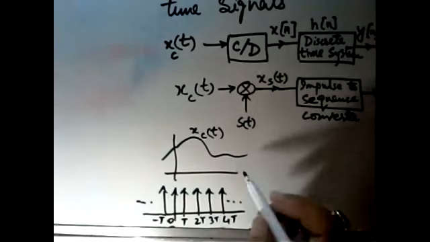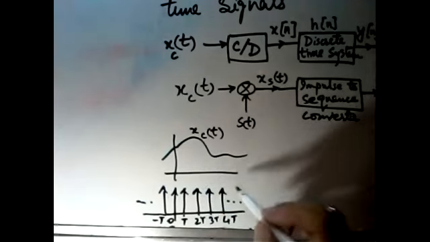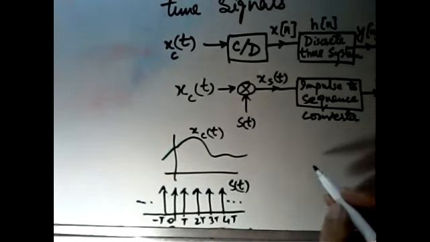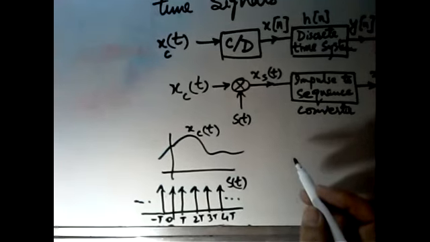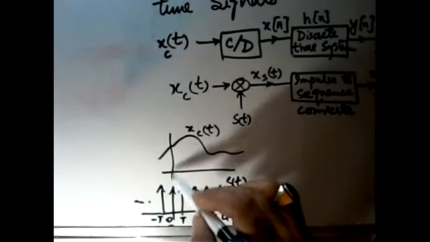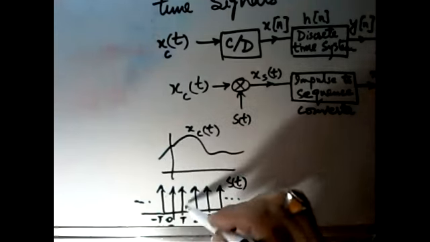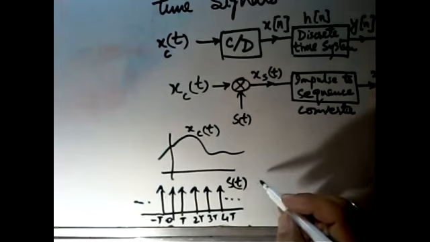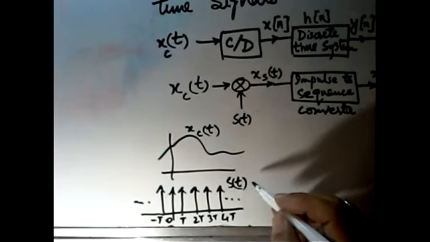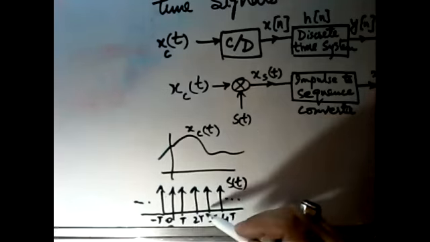So what is happening is that this xc of t gets multiplied with this train of impulses s of t, and what you get as an output is xs of t. Okay, so xs of t is a point by point multiplication, this value is multiplied with this one, this value with this one, so wherever the signal exists at T, after the multiplication you get a new value, and that new value you get only at T, 2T, 3T, that is, multiples of T.